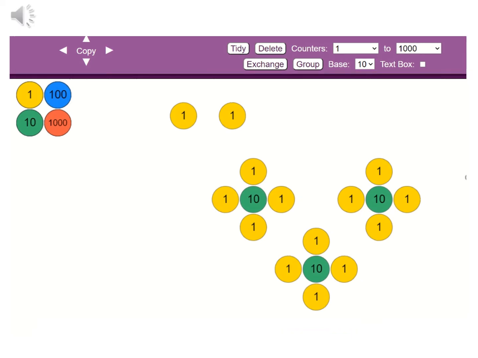As you saw, I had to exchange one of my 10s for 10 ones. I then tried to divide up the 14 ones in between the 3 groups. In the end, I was able to give each group 4 ones. This left me with 2 more ones.